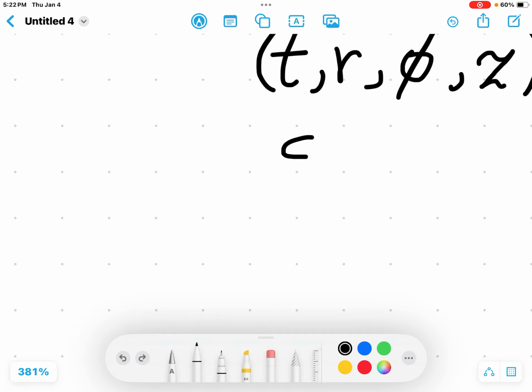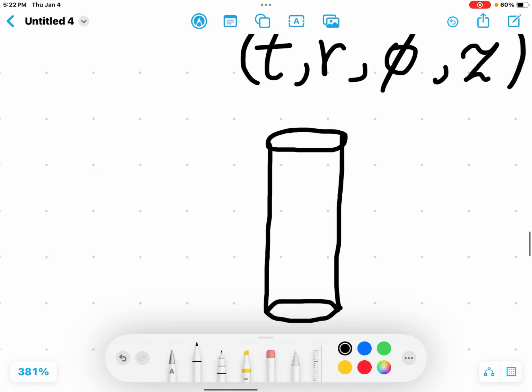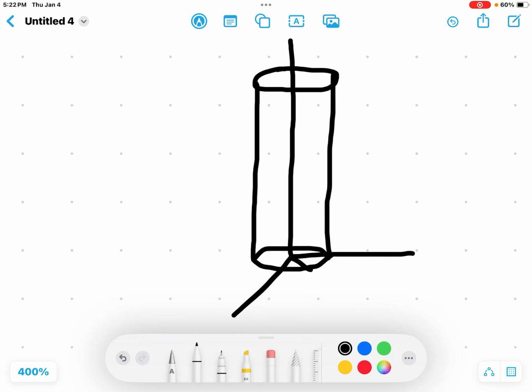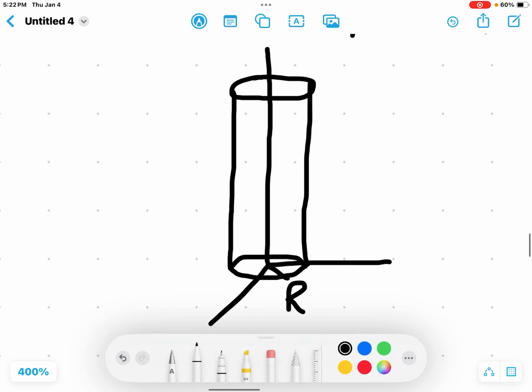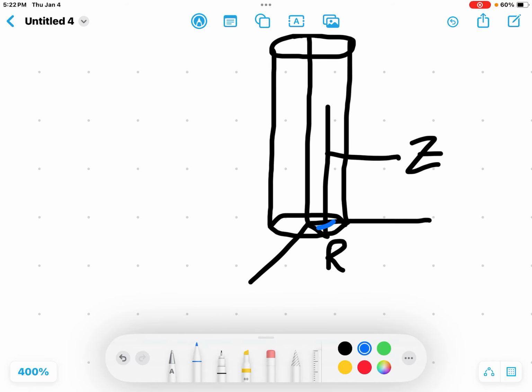So you can think of it like this. I have my cylinder, which could be a unit cylinder, and then I center my coordinate system. This is my r, and this is my z, and the angle it makes, which is a bit hard to see, is phi.